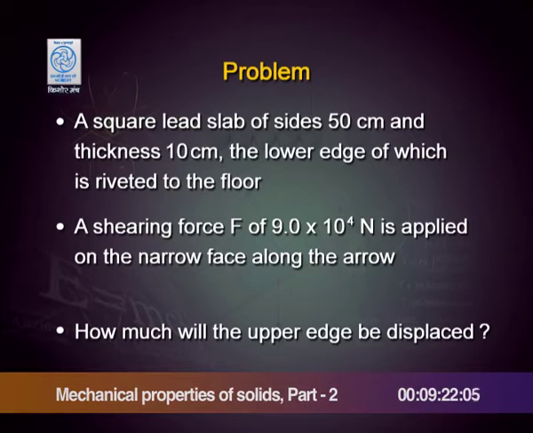Let us take up a problem. If you have a square lead slab of size 50 centimeters and thickness 10 centimeters, the lower edge of which is riveted to the floor, a shearing force of 9 × 10^4 newtons is applied on the narrow face. How much will the upper edge be displaced?